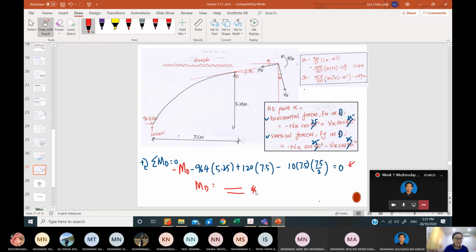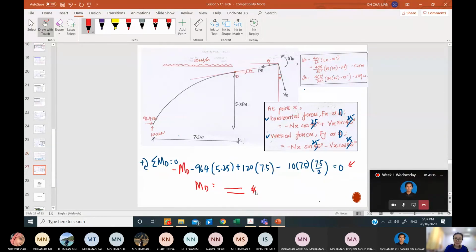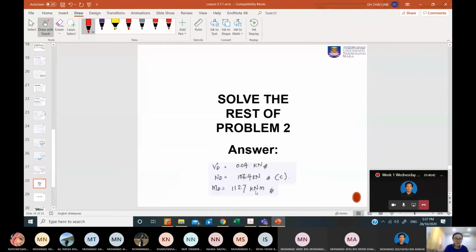You need to calculate the ND, VD, and MD. I have shown you the equations here. You need to solve this simultaneous equation for ND and VD, and with these slides you need to solve for this MD. So you shall be able to obtain the VD, ND, MD with this answer.